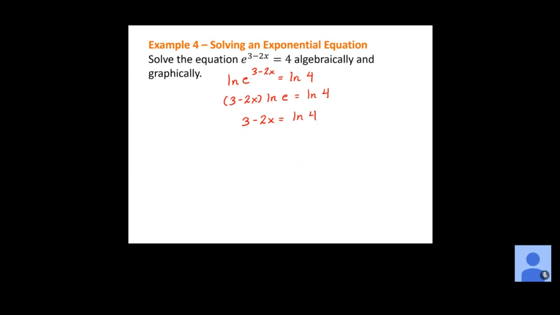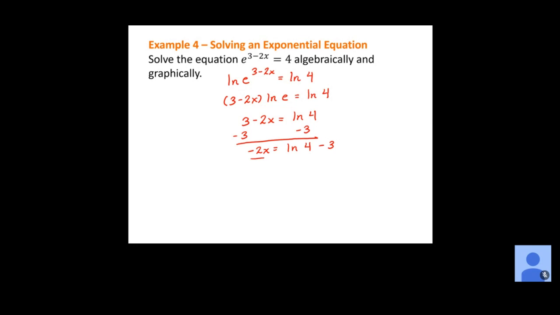And now it's just a matter of getting x by itself. So we would do what first? Okay, subtract the 3. Then we got negative 2x equals, again, don't try to combine these because one's inside a natural log, the other is not. So this is still just natural log of 4 minus 3. And then we can do what?